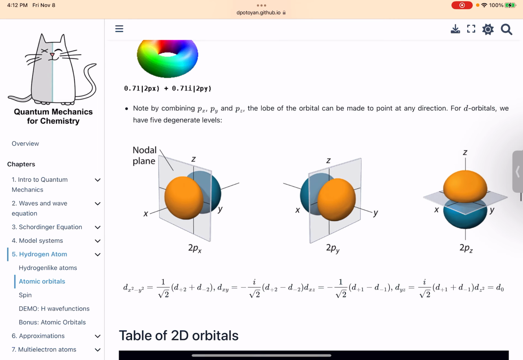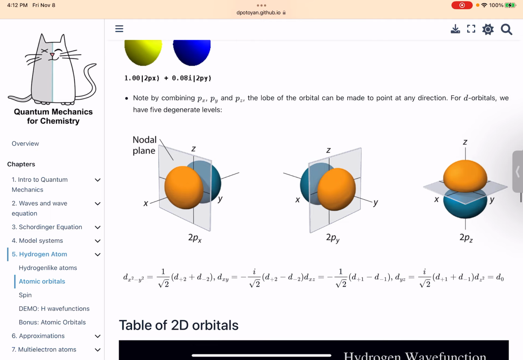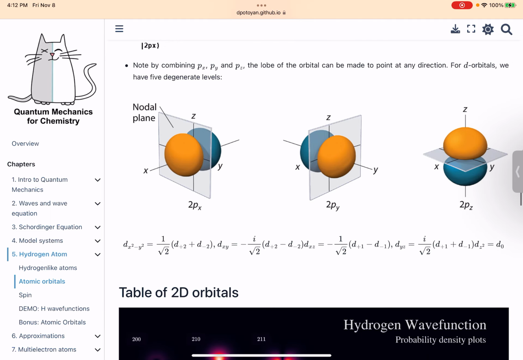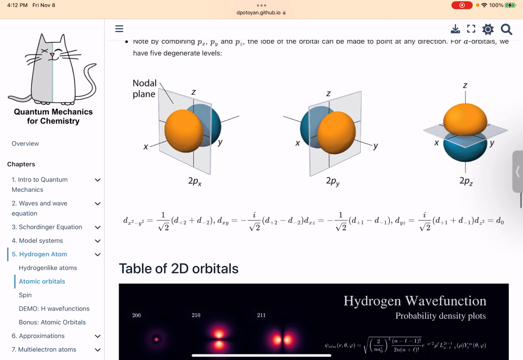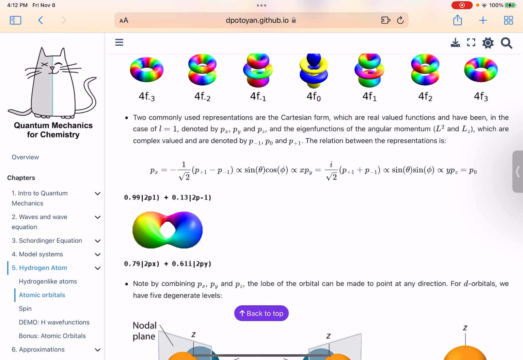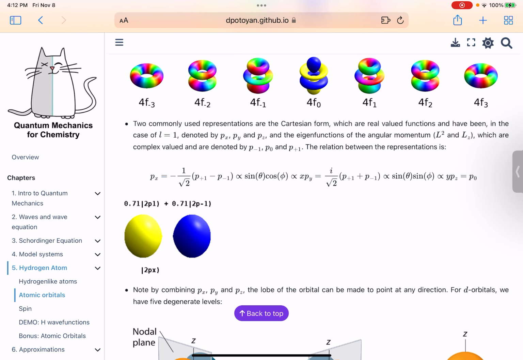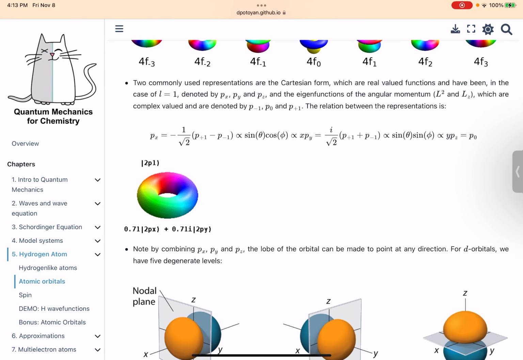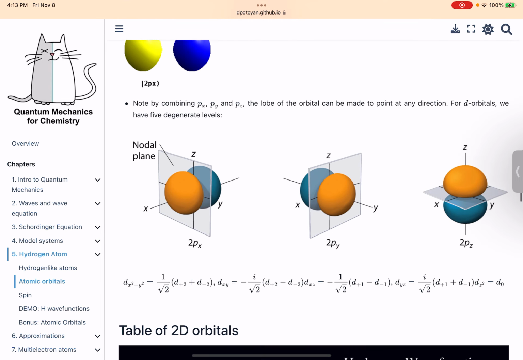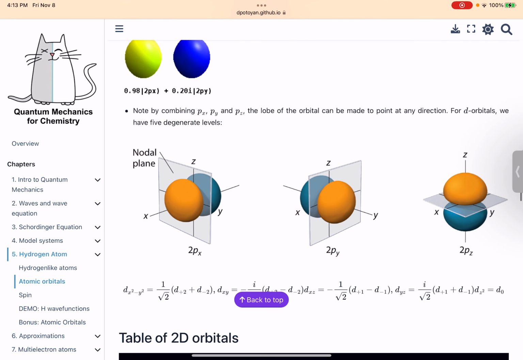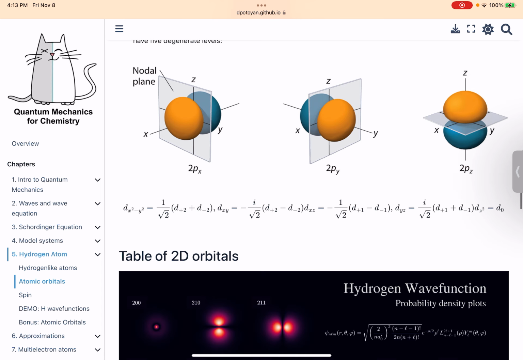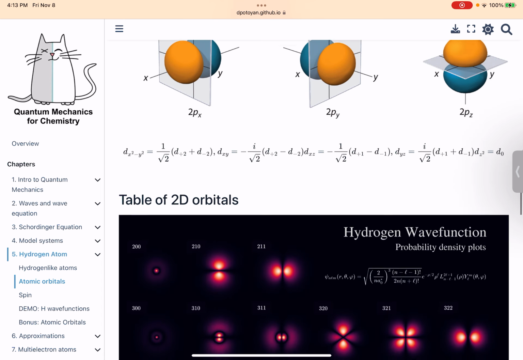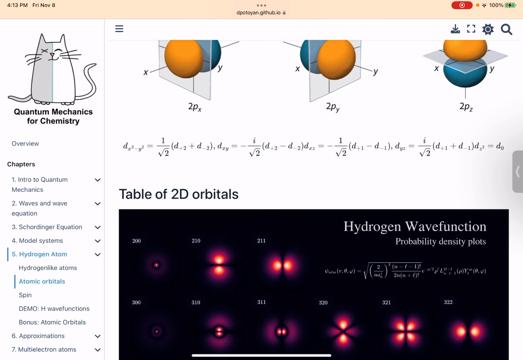And if you have a real function, you can just throw in your favorite 3D visualization and get these beautiful shapes. Okay, so this is what chemists use. Physicists, though, are often okay with just sticking with these donut shapes. So it's just a preference. Chemists versus physicists usually have different tastes when it comes to certain things.